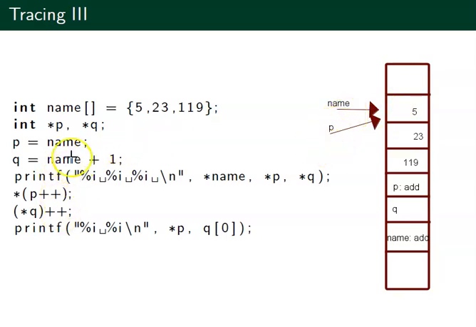So now name is a variable, and I'm applying the plus 1 to it. In this case, what will the plus 1 do? In general, if you have an integer plus 1, so if you do 5 plus 1, the new value is 6. But if you do an address plus 1, this does not mean that you will change it by one value. This means that you will actually be pointing to the next address.